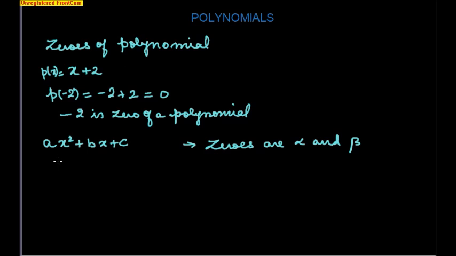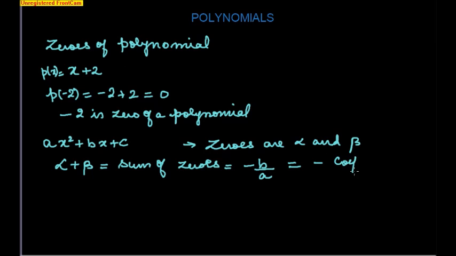Now if I say that these are the zeros of the polynomial, then they are somehow related to the polynomial. How? If alpha plus beta, that is the sum of the zeros, is equal to minus b upon a. What is minus b?